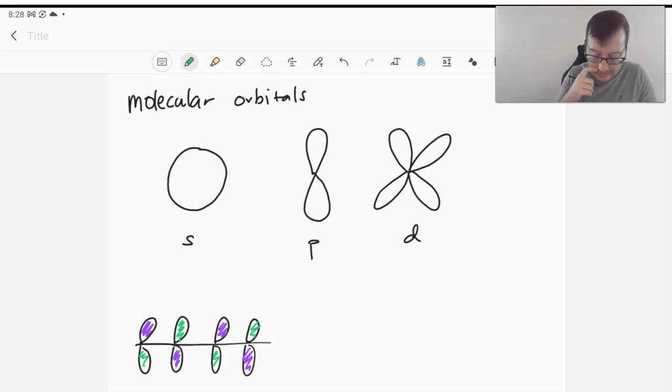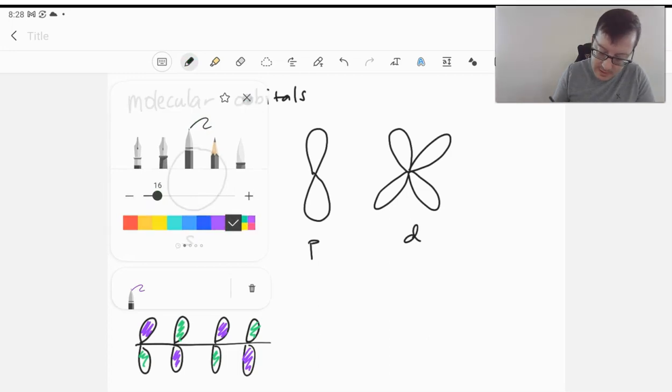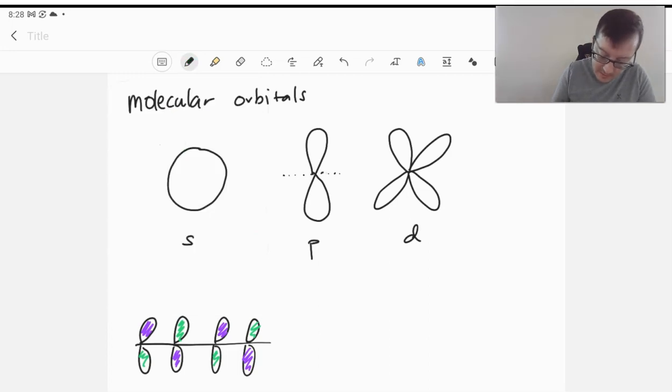And we saw that we had s orbitals, which were roughly spherical patterns, that had areas that the electron could be anywhere within that. P orbitals, on the other hand, had a node in the middle, where electrons could not exist at the node, but they could exist on either side.